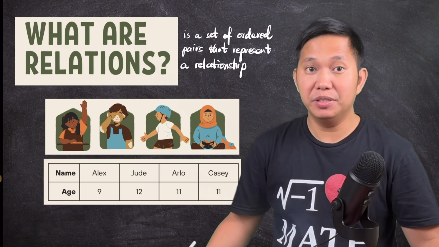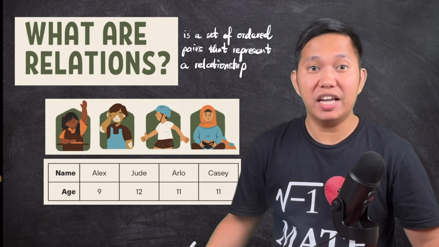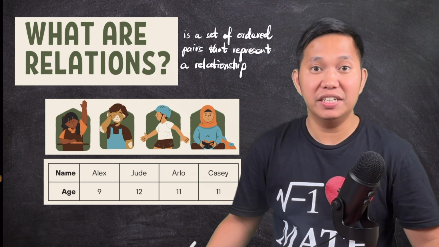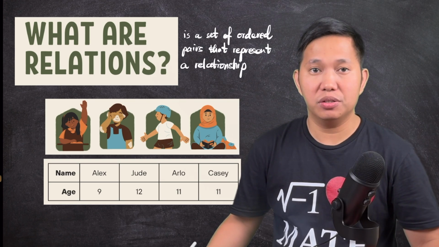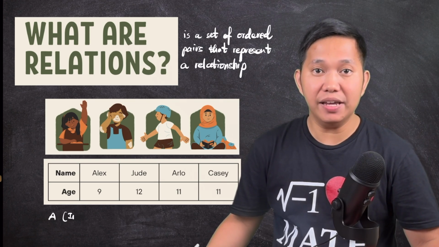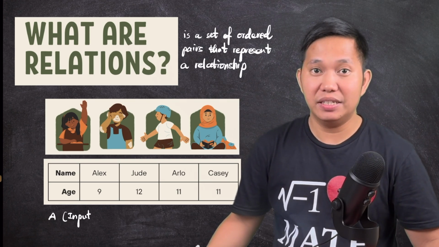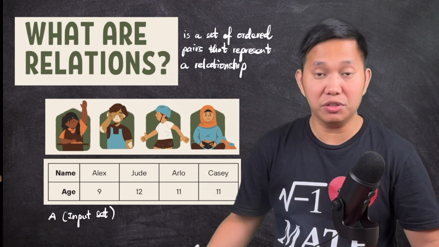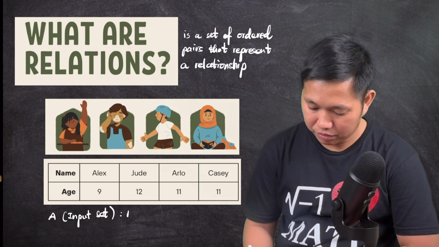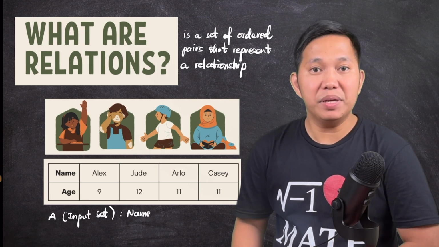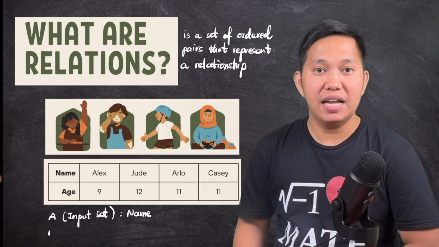For example, let us say that our 2 sets are the names of children and their corresponding age. We denote set A, or the input set, as the name of the children. Set B, or the output set, as the age.